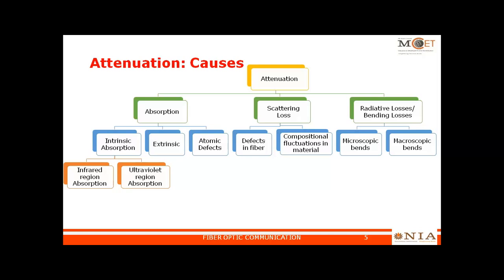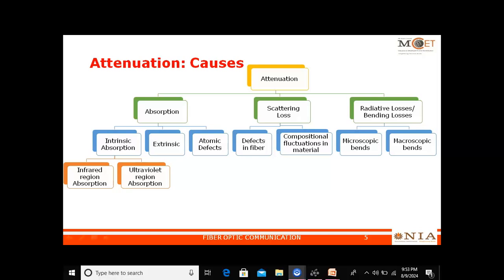Extrinsic absorption happens only due to impurities. And the third, atomic defect, is due to molecule density variation, because of which there is a possibility of absorption. Intrinsic absorption is due to pure fiber material. Extrinsic absorption means due to addition of impurities like OH ions and other impurities we add to manufacture the fiber, so there is a possibility of absorption.